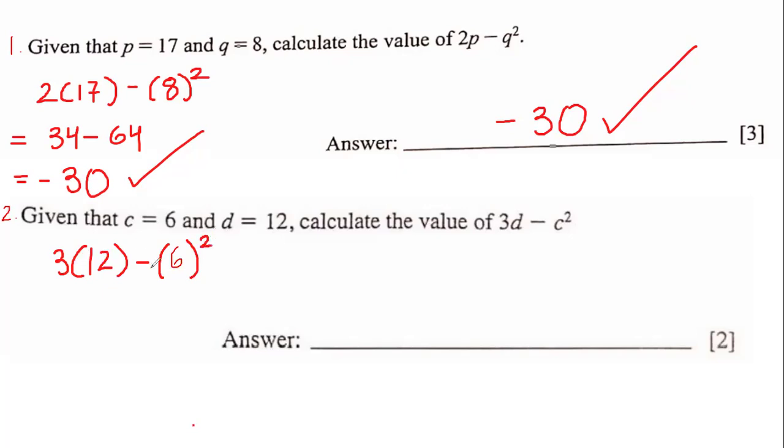So 3 times 12 minus 6 squared. What is 3 times 12? 3 times 12 is 36. Very good. Minus 6 squared is 36. 36 minus 36 is 0. So the answer is 0, a big fat 0. And you never add a positive or negative because it's neutral.